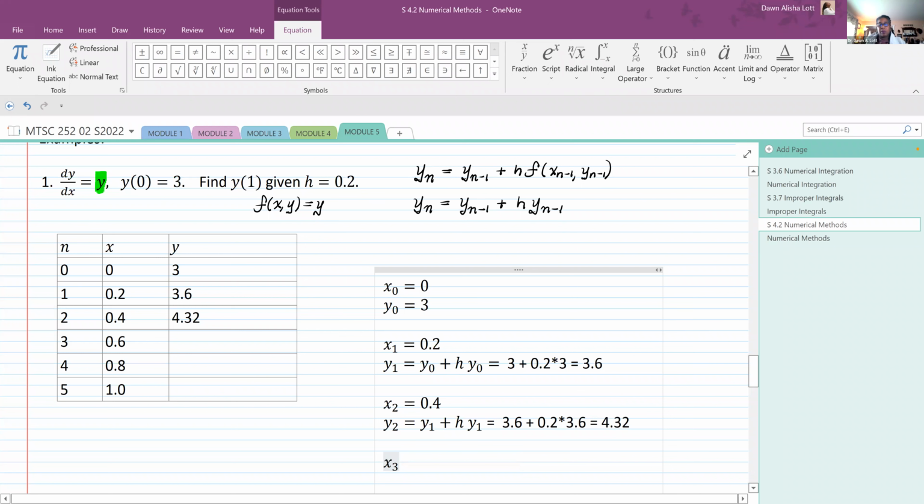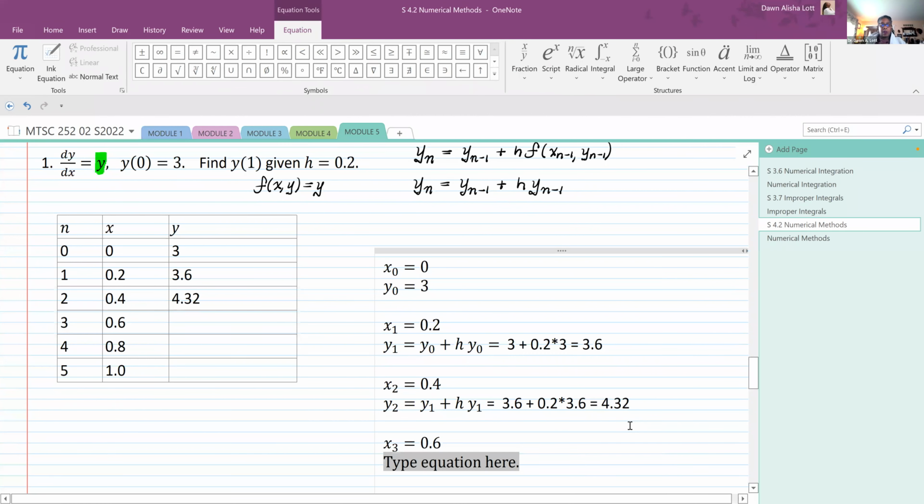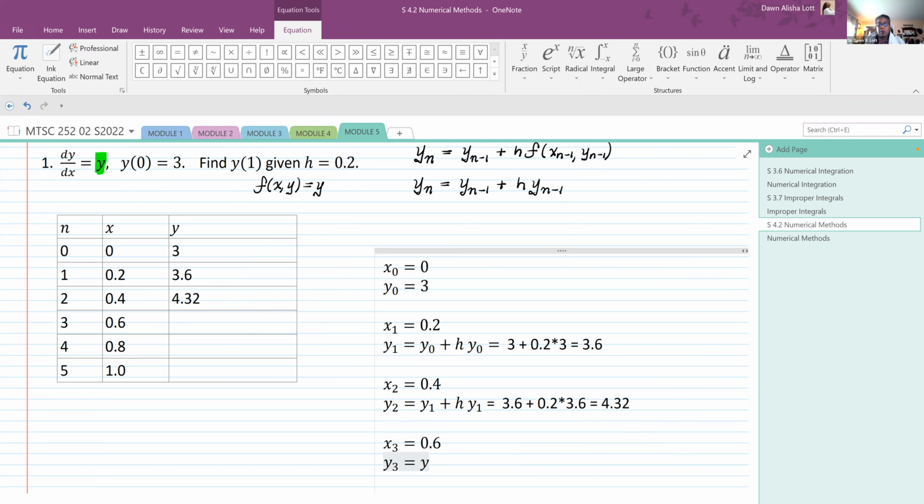All right. x3 is equal to 0.6. y3, anybody want to give me y3? We know it's y2 plus h y2. So what is y3?